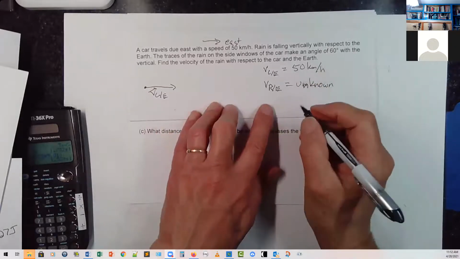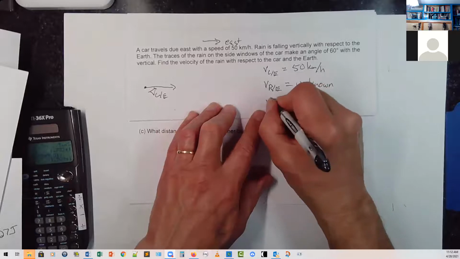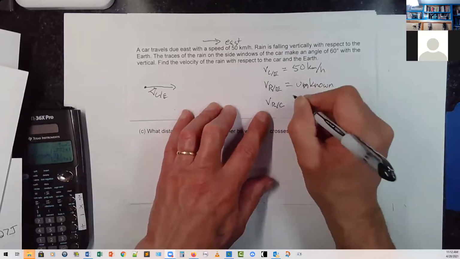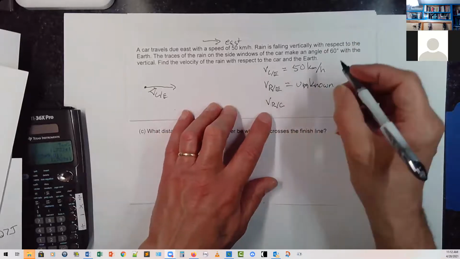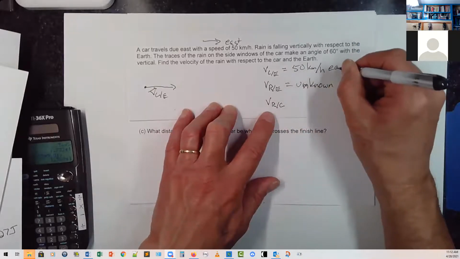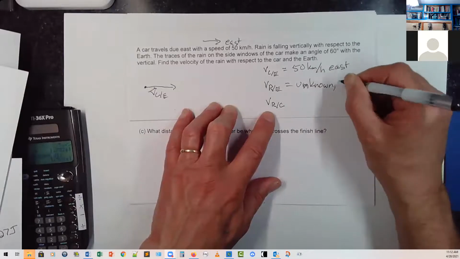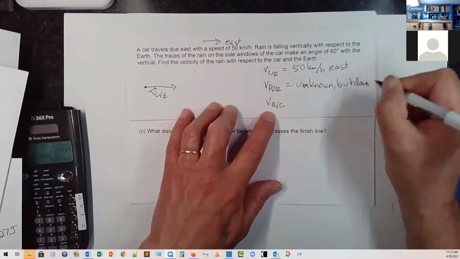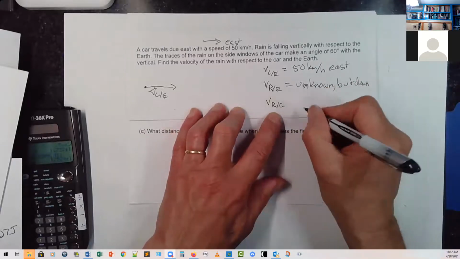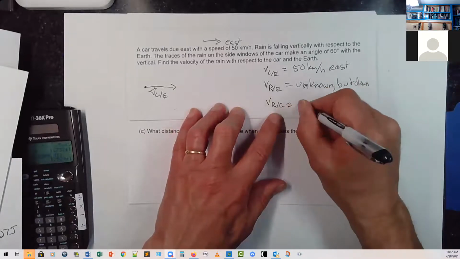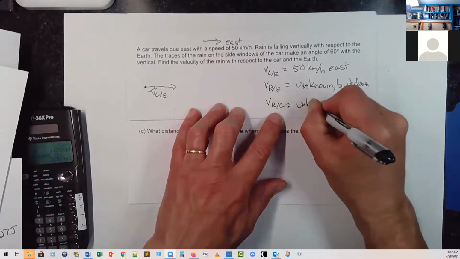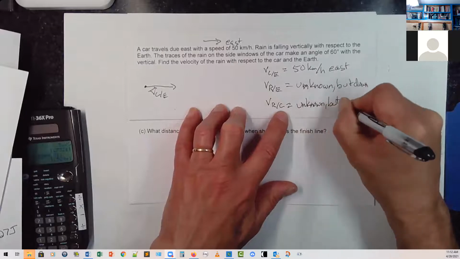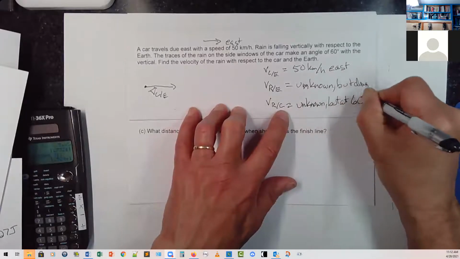And kind of built into here, we'll have the velocity of the rain with respect to the car, which we don't know. Let's see, if I stick directions on these, unknown but down. This is the velocity of the rain with respect to the car, unknown, but at a 60-degree angle.